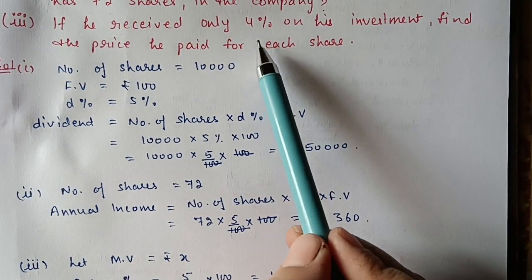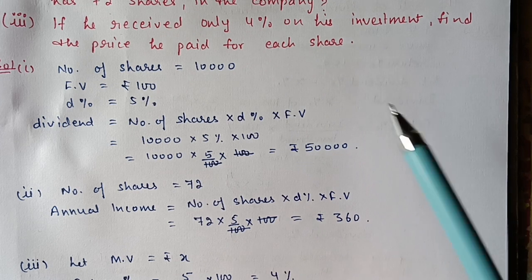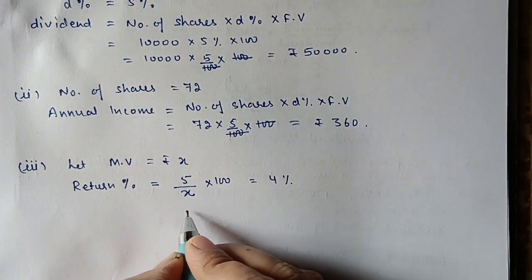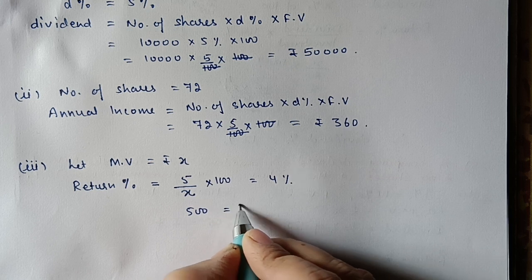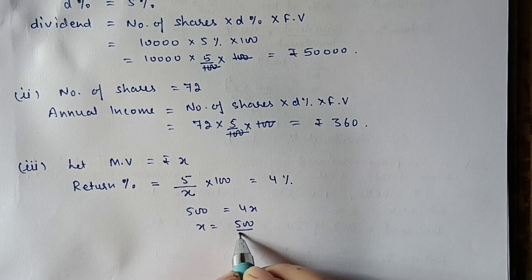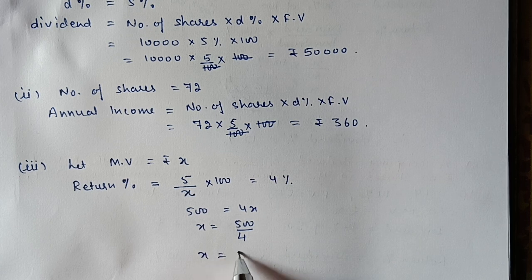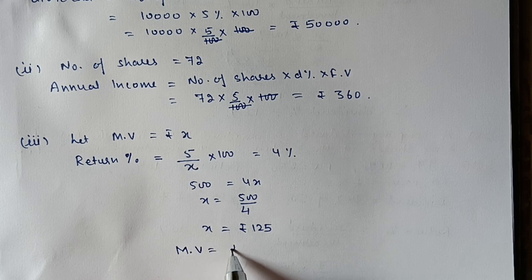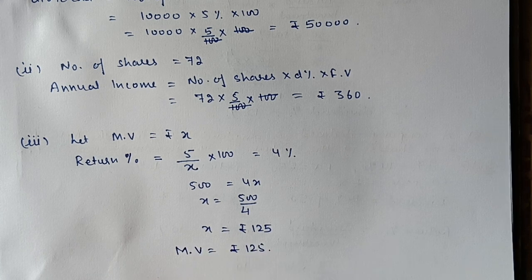He is getting 4% on his investment. So 500 is equal to 4X, so the X value will be 500 by 4, or X is equal to 125 rupees. So the market value of each share is equal to 125 rupees.